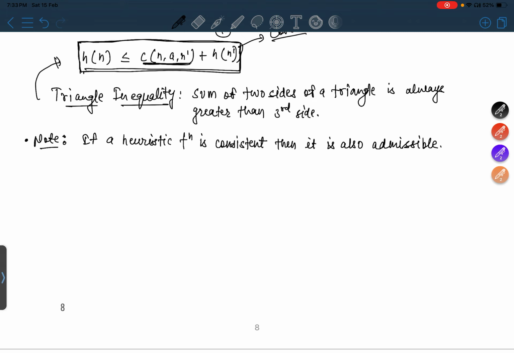So that means कि this consistent heuristic or consistency is a stronger property.